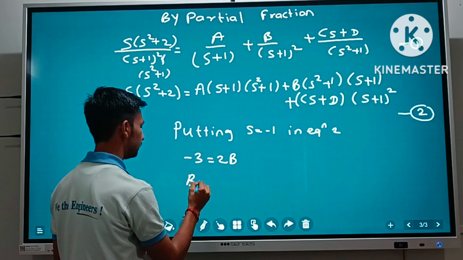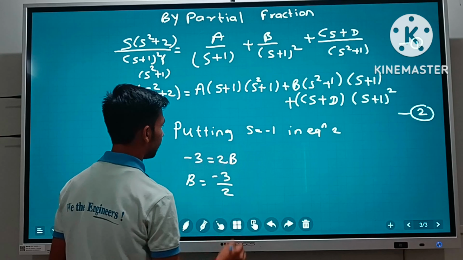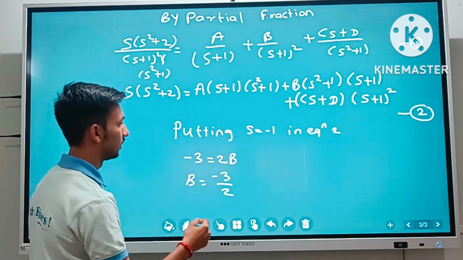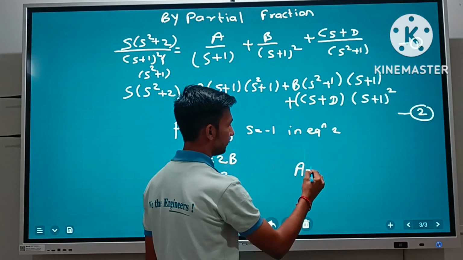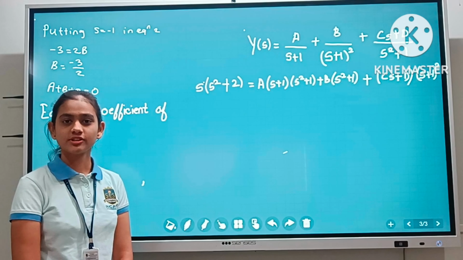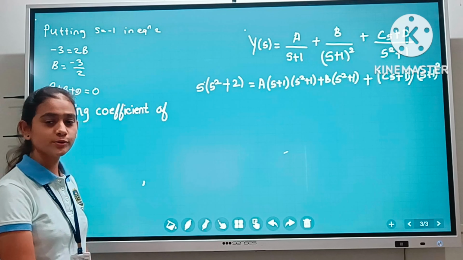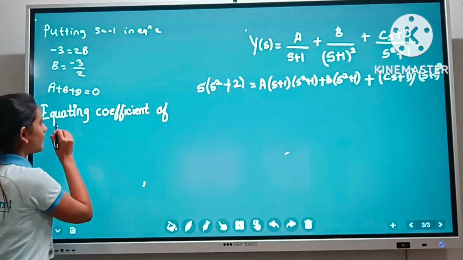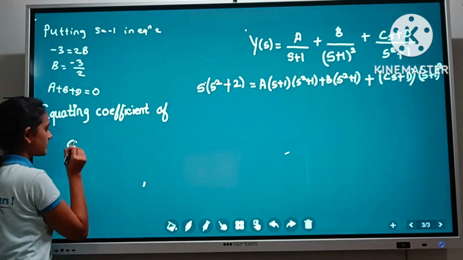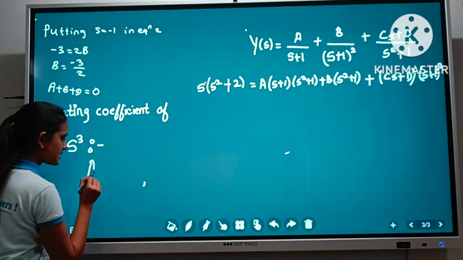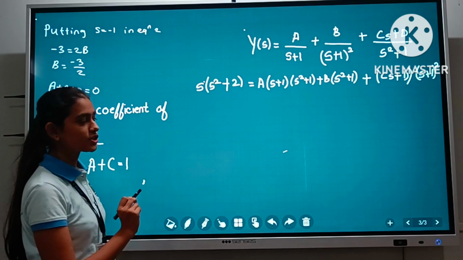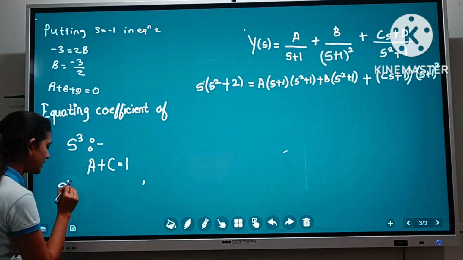So the value of b is equal to minus 3 by 2. Now comparing the coefficient of s raised to 0 in equation 2, we get a plus b plus d is equal to 0. Further, we compare the coefficient of s cube from this equation, so we get a plus c is equal to 1.